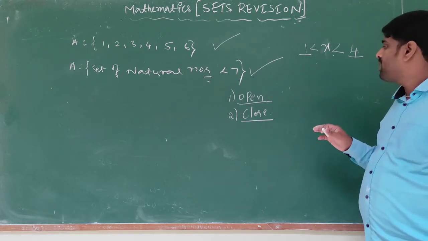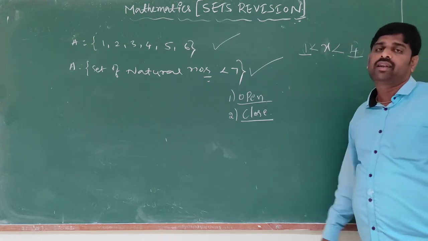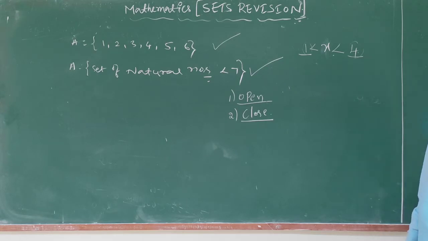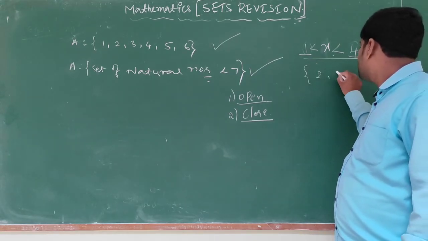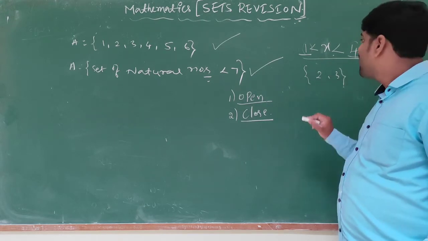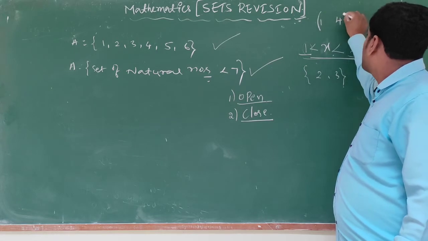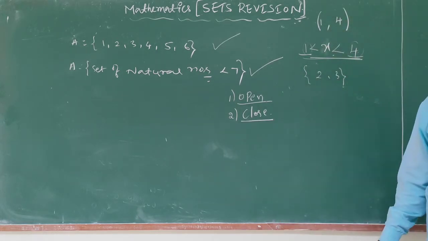An open interval means the interval contains the values excluding the end points. The values are 2, 3. Again, this we can write in interval form as 1 is open, 4 is open.